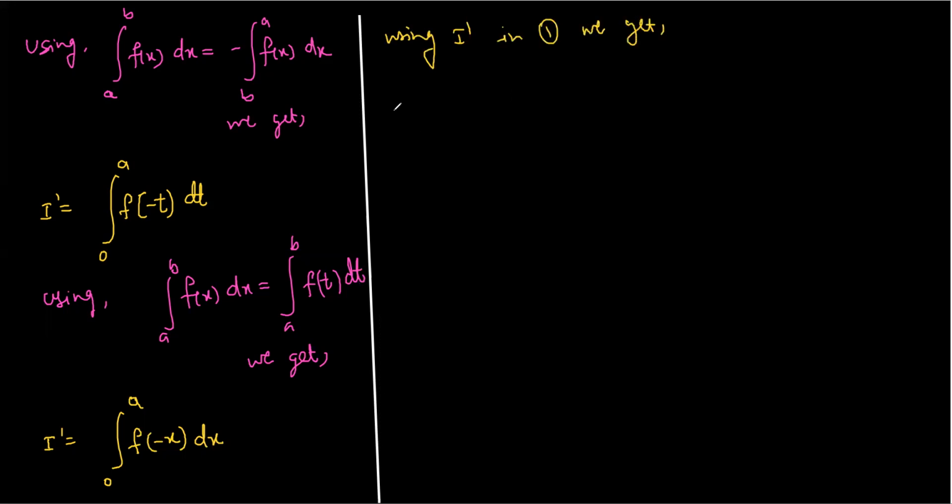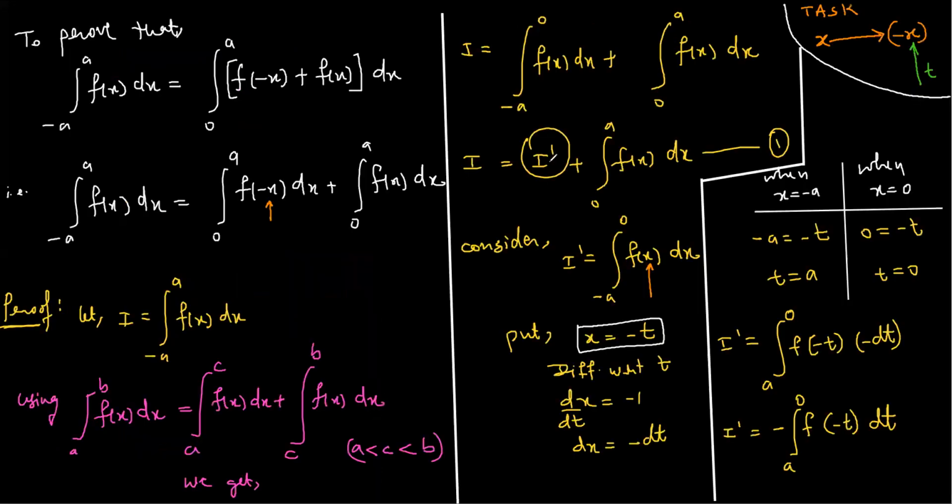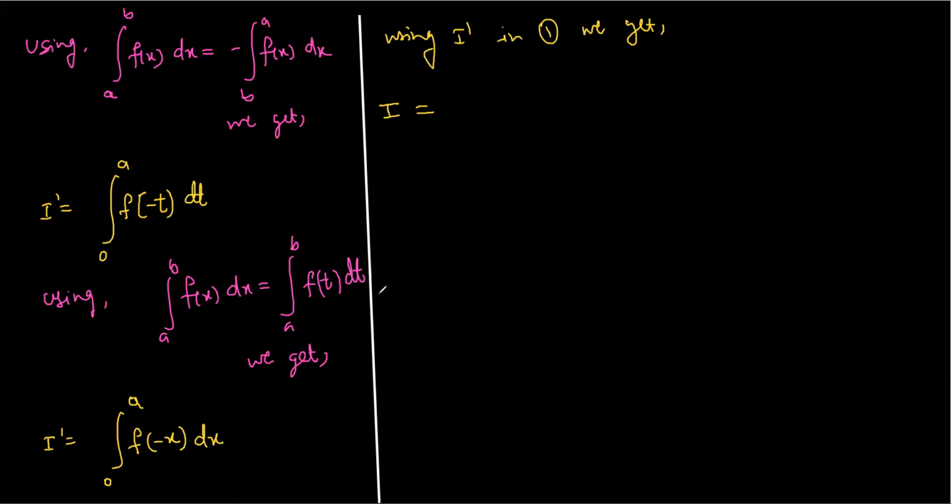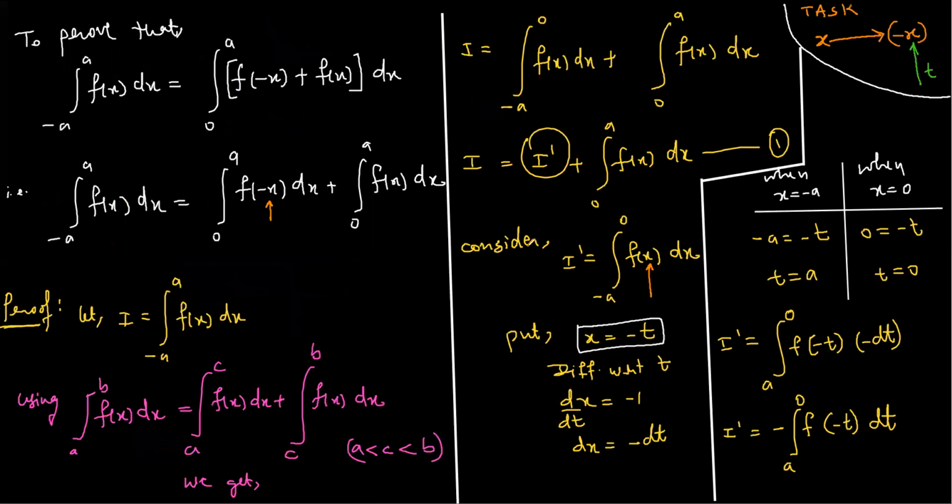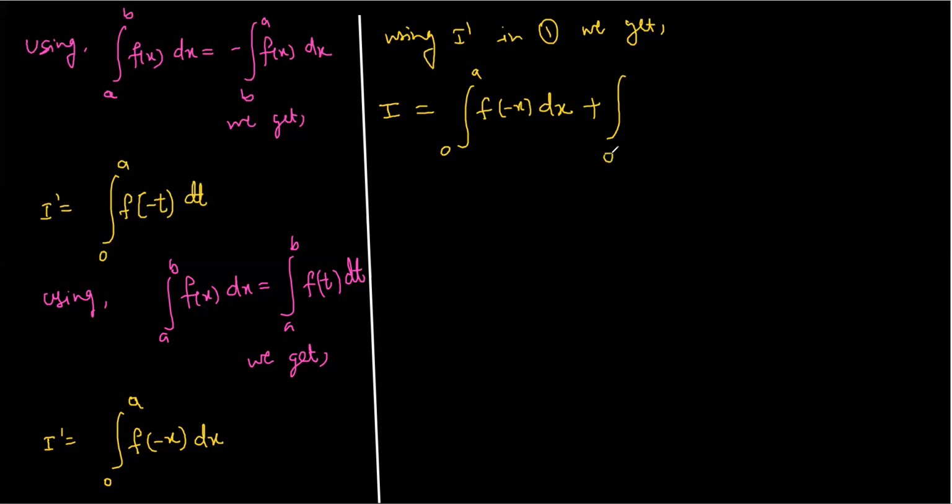So what we get? I equals to, see, it was I equals to I dash. I equals to 0 to a f of minus x dx plus 0 to a f of x dx.